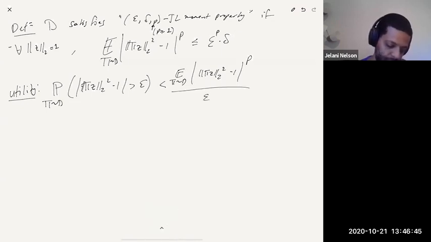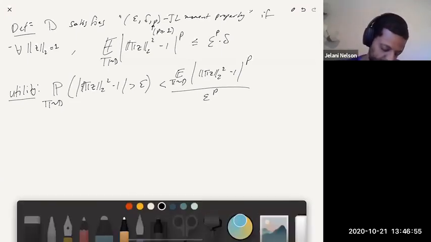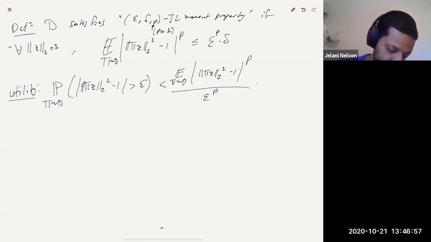So if your distribution D satisfies the JL moment property, it means that the numerator is at most epsilon to the p times delta, which means that this thing is less than or equal to delta, if D satisfies the epsilon delta p JL moment property.